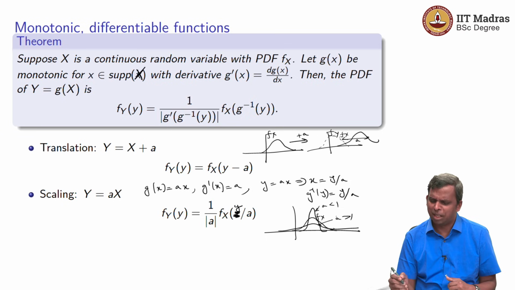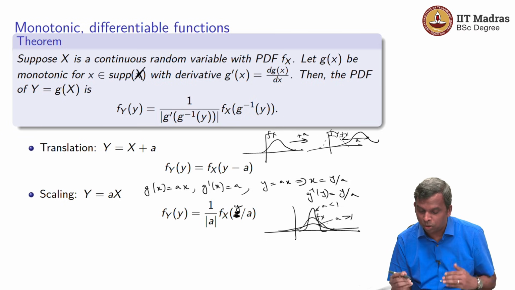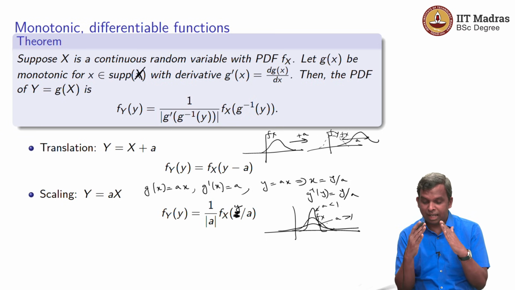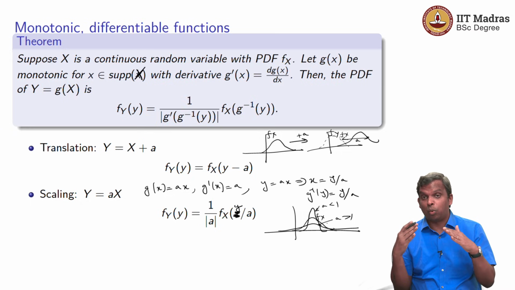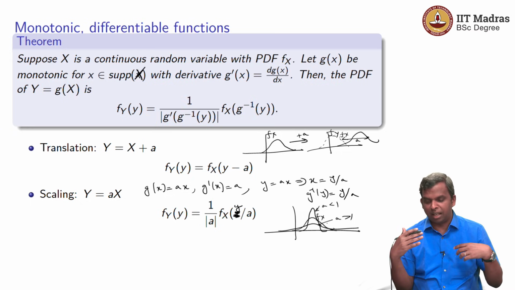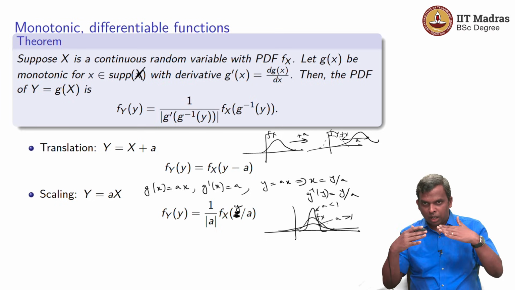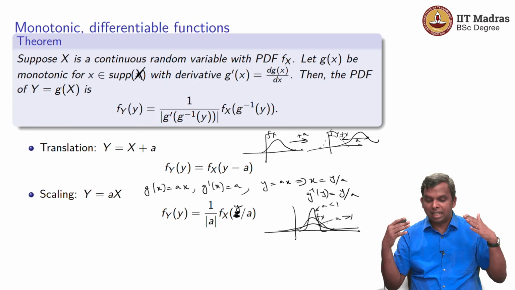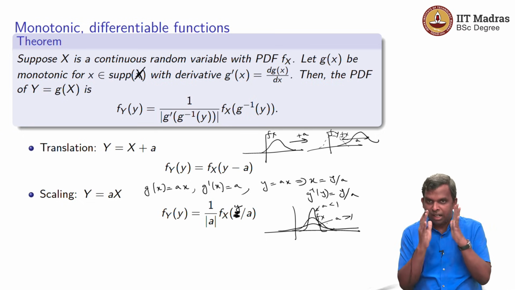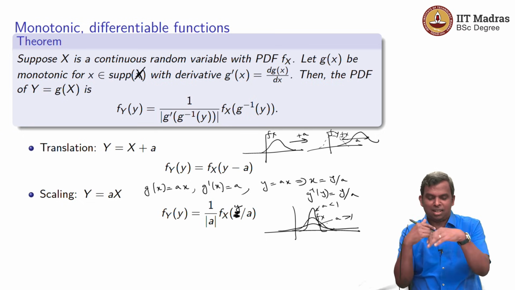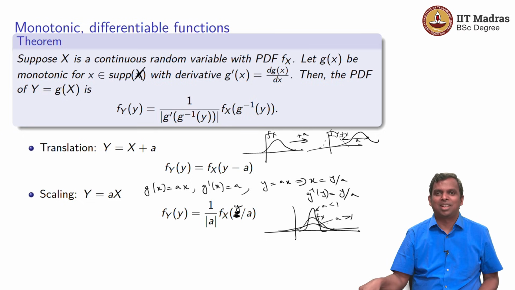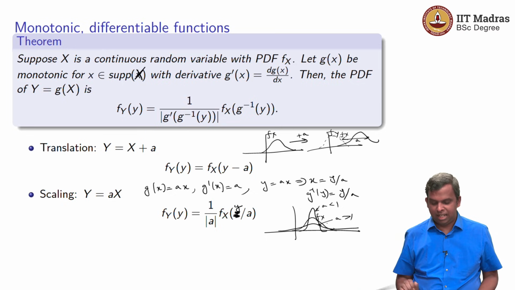I think the picture became a bit messy, but hopefully you can see that. So there is f_X of x, and then f_Y of y becomes f_X of y by a, and then it gets divided by a. So if a is greater than 1, it will go down and spread out. If a is less than 1, it will shrink and then go up. So that's how the picture looks for scaling and translation.